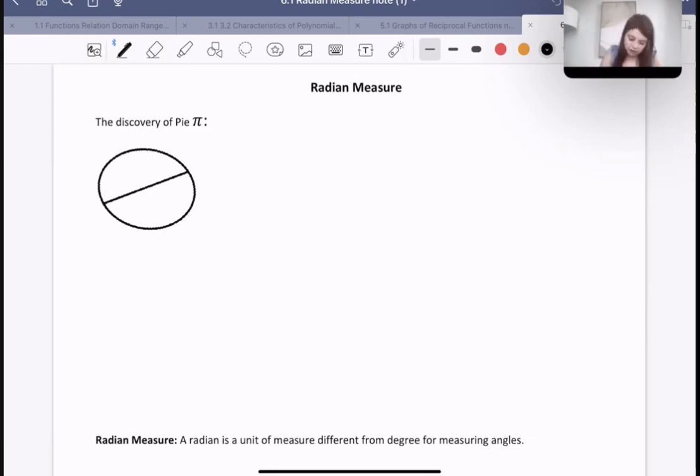We know that this is d, the diameter, and we know the circumference is pi times the diameter, meaning that pi is equal to the circumference over the diameter. And the circumference of any circle divided by the diameter is 3.141592 and whatever else.